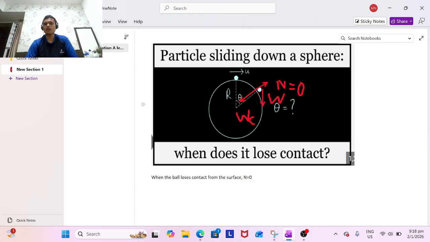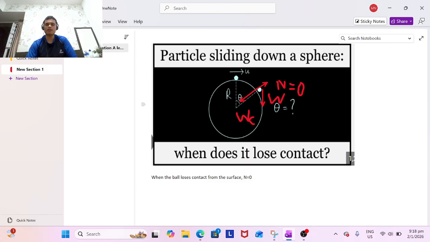So you have weight, you have the component of weight acting towards the center of the sphere, plus because this ball is moving in circular motion, you also have the centripetal force. So I'll draw another arrow.